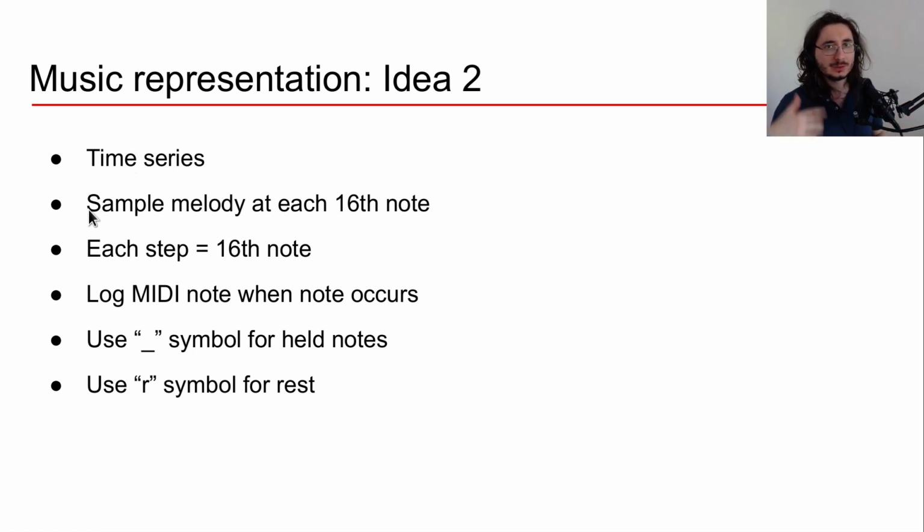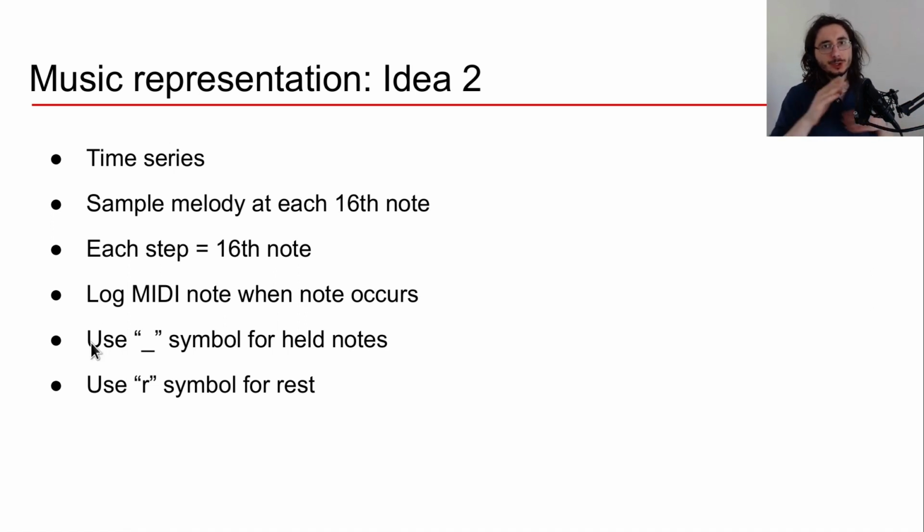So what we're going to do with our melodies is we're going to sample the melodies at each 16th note value. And at each step in our time series, we have a step that represents a 16th note. So whenever we hit a note, we're going to log the corresponding MIDI note at that specific time step.